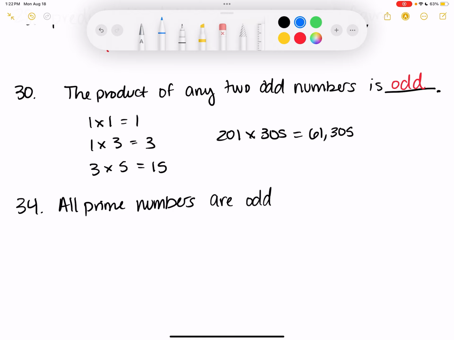Yep. 2 is prime, but not odd. Or you could say it's even. Typically they say not whatever we're trying to find instead of just saying what it actually is. But if you were to say 2 is prime but it's even, that would also be fine.